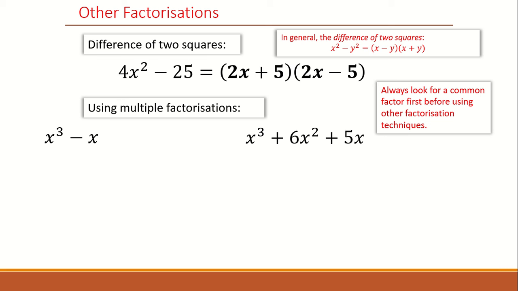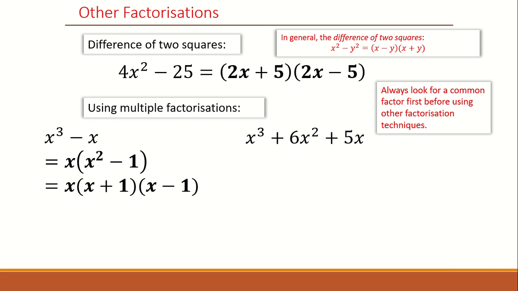Secondly, other examples. For this one, x cubed minus x, do the same thing: factorise out the common multiple, which is x in this case. You should get x squared minus 1, and using the difference of two squares, by recognising that 1 and x squared are squared terms, you should factorise that bracket and get x plus 1 and x minus 1.